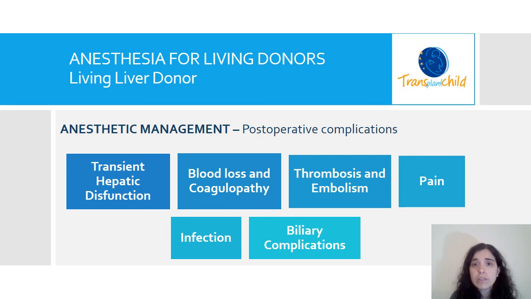So most donors are extubated immediately postoperatively unless the surgery has been very long, the patient has received a massive blood transfusion, or there had been a longer than expected intraoperative hemodynamic instability. The most common postoperative complications are pain, transient hepatic dysfunction, coagulopathy, and hemorrhage, portal vein thrombosis, deep vein thrombosis, and pulmonary embolism.